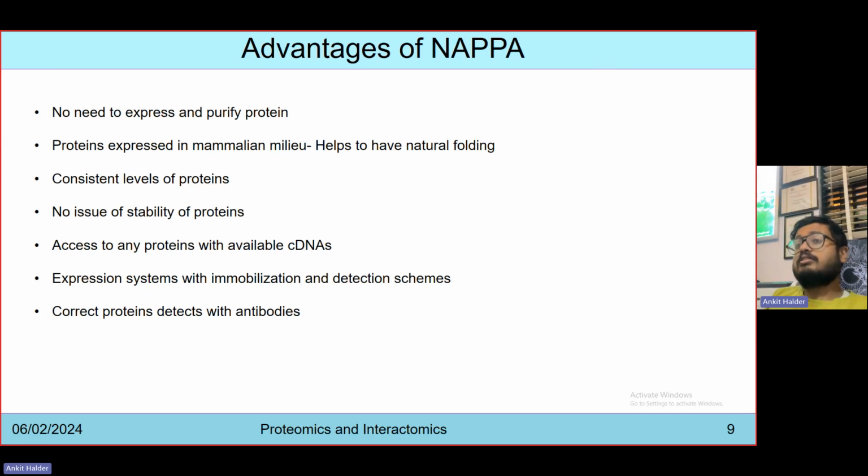First thing is that there is no need to express and purify protein. Proteins are expressed in a mammalian system. Whenever we are doing any kind of innovation, or trying to find certain particular proteins and certain particular levels, we definitely have to overcome the challenges associated with the traditional or known methods.